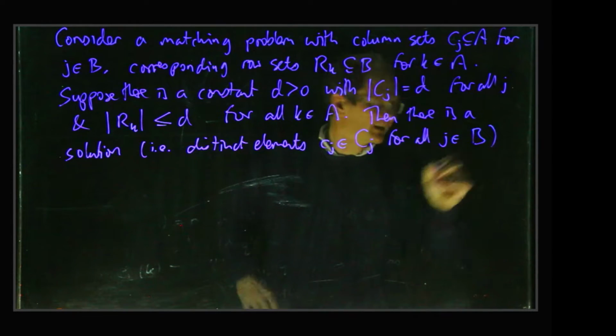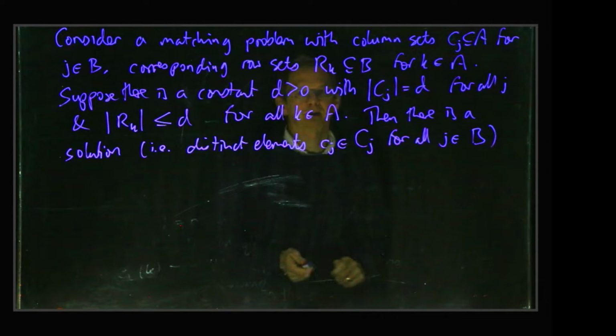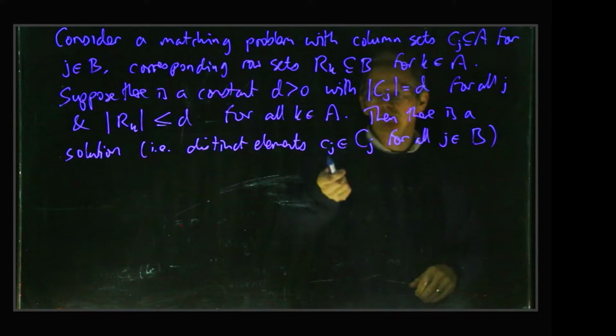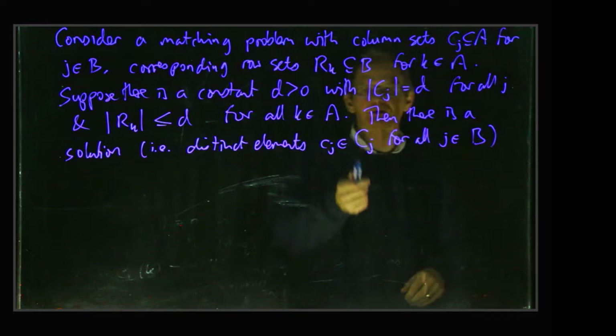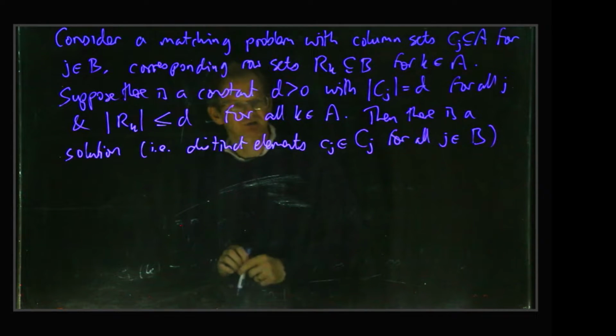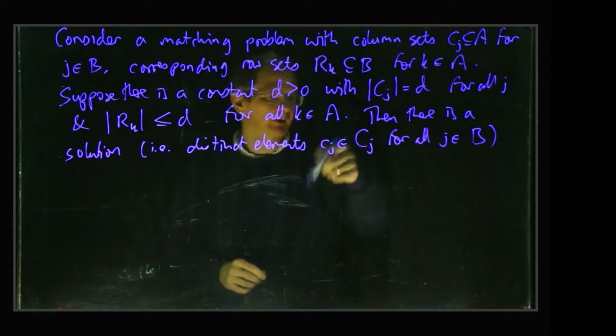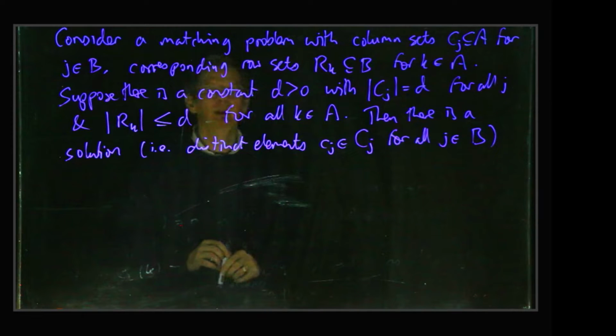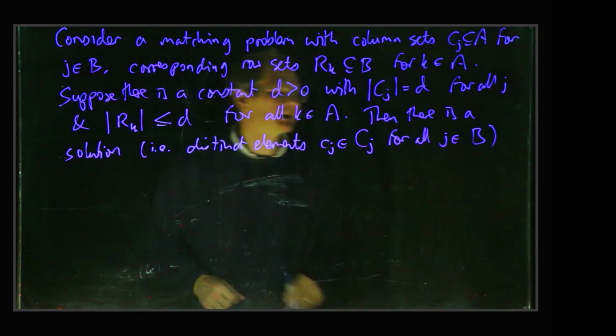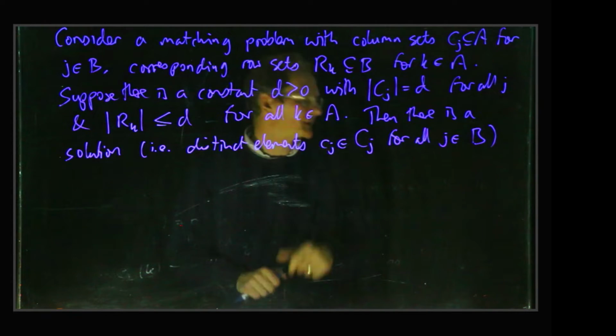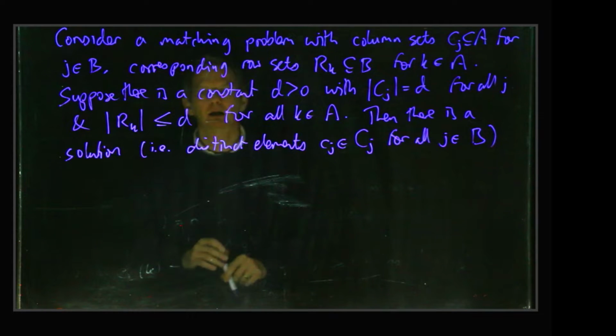So formally speaking, a solution for this matching problem, we have some candidates c_j in C_j. In the job application setting, this is the person who's given job j, and these have to be distinct, and they have to lie in C_j, which means that they're qualified.